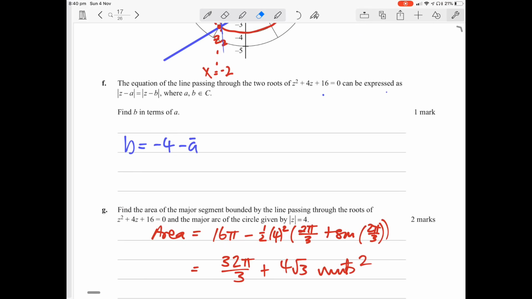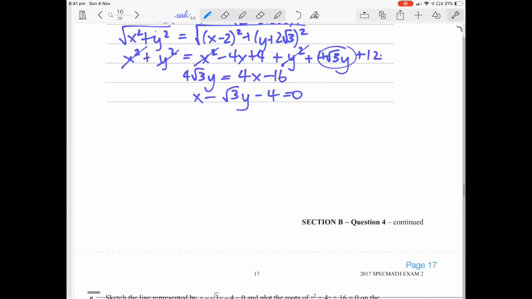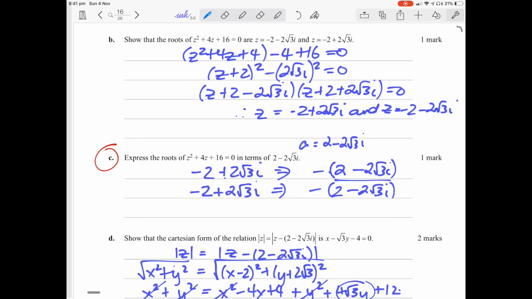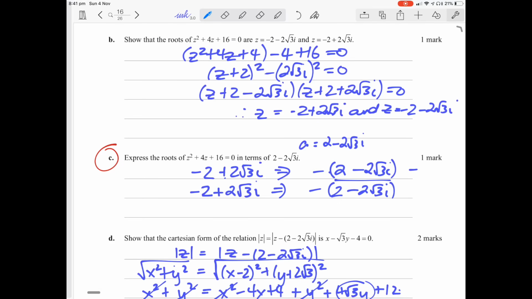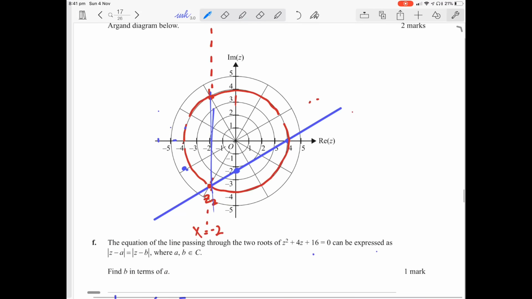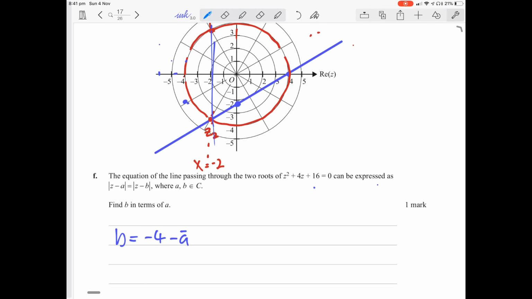I mean, this has got a connection, just like that one, because we said this was negative A, and this is negative A bar. What's the significance of the negative 4?